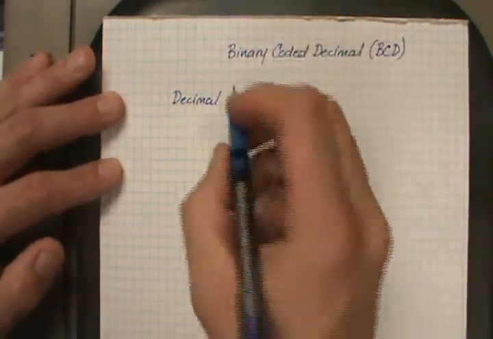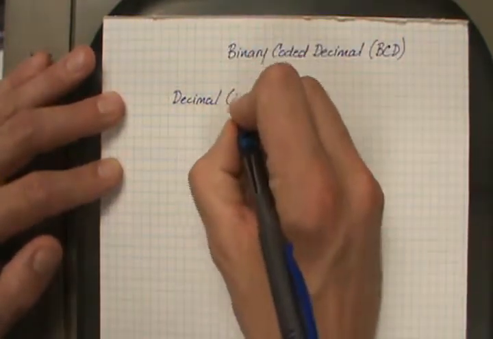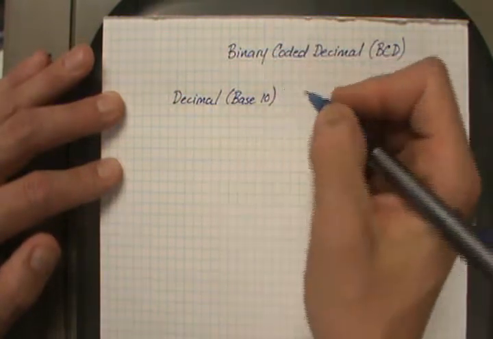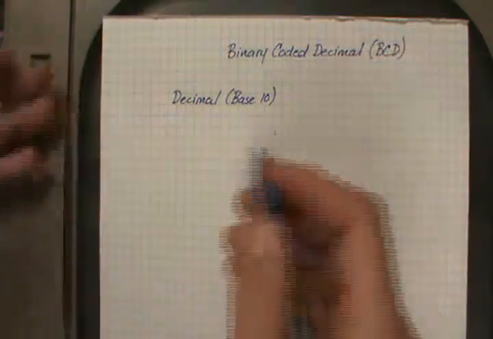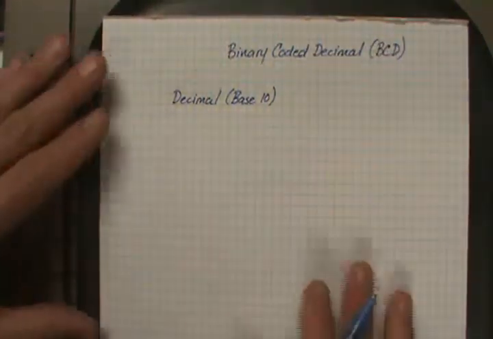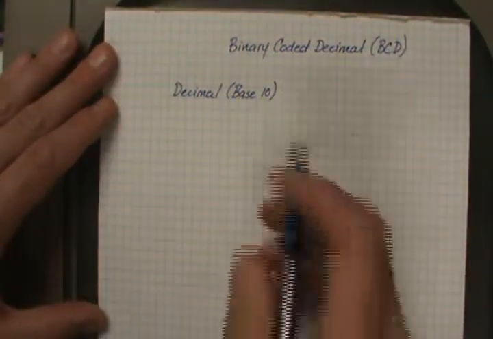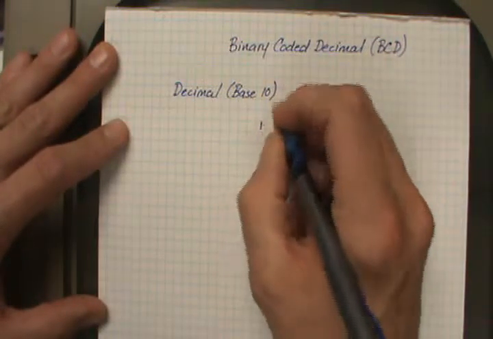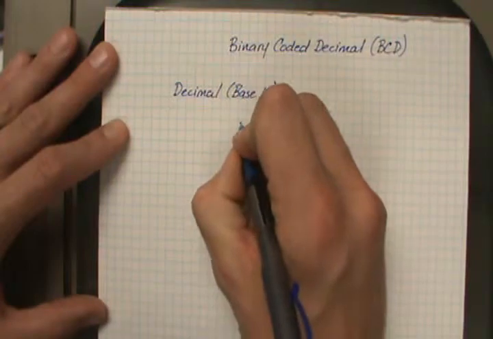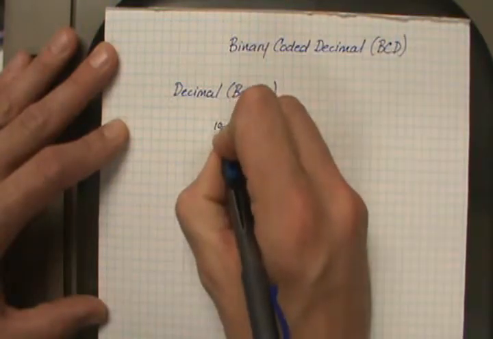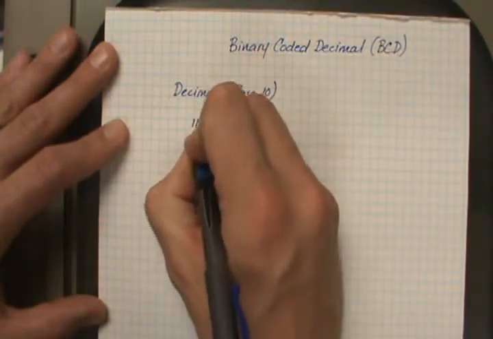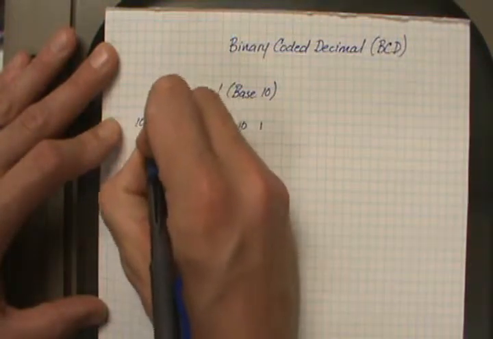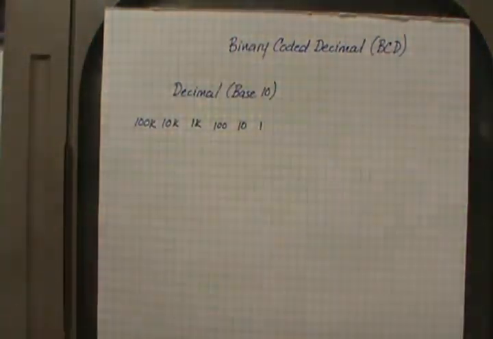Our decimal system, which we also call base 10, is unique in its placeholders, or its value system. It has a ones place, a tens, a hundreds, a thousands, 10,000s, 100,000s, and so on.